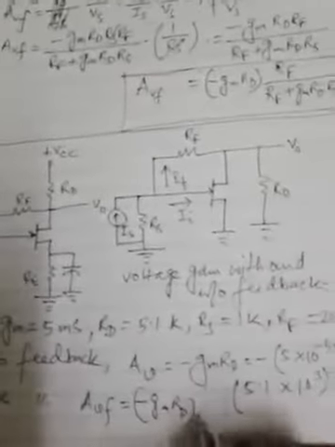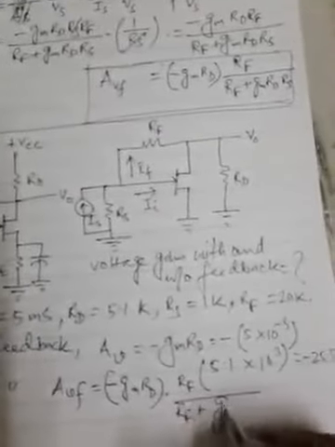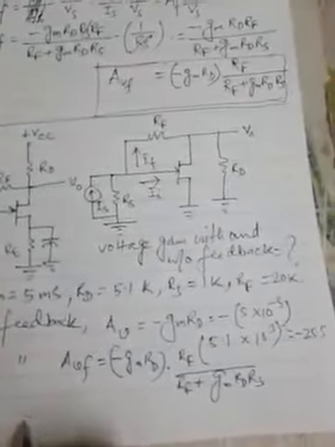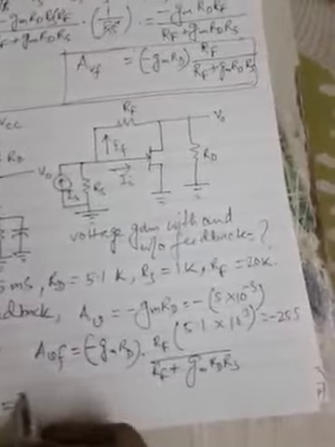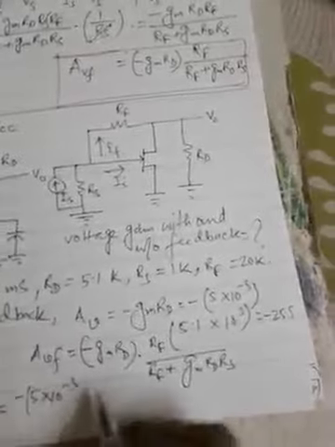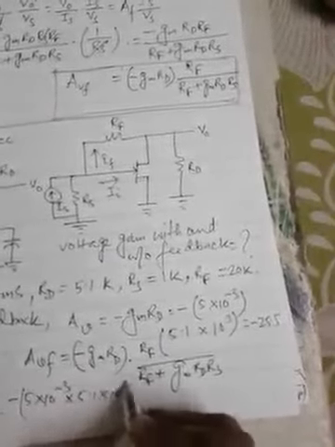into RF by RF plus gm RD RS. This was the formula. This is being used here, and we have just derived it a little while earlier, and then we should be putting all the values and we can find the result. This into what is RD here, 5.1 into 10 cube.